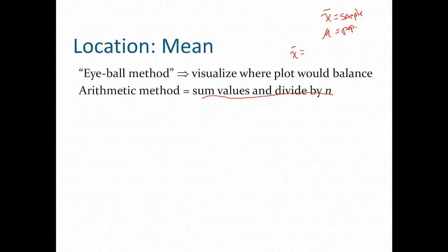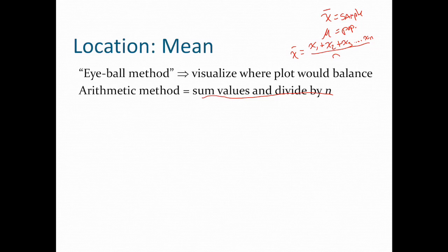We know n is equal to the total number of people in the sample, and we want to sum up all the values. So this would be equivalent to adding up your x1 plus x2 plus x3 all the way to your x sub n value, divided by n, the total number of people.